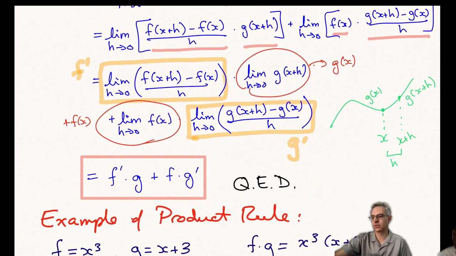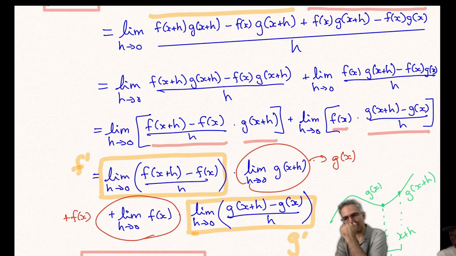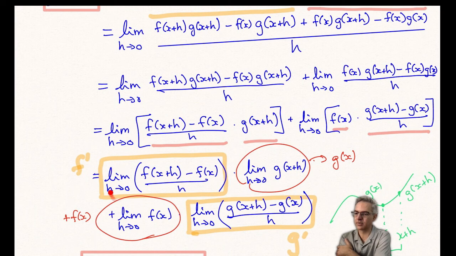Again, we had to use some laws of limits, in this case that the limit of a product, we have this thing times this thing, is equal to the product of the limits. So we can say the limit of this part times the limit of this part. Yeah.